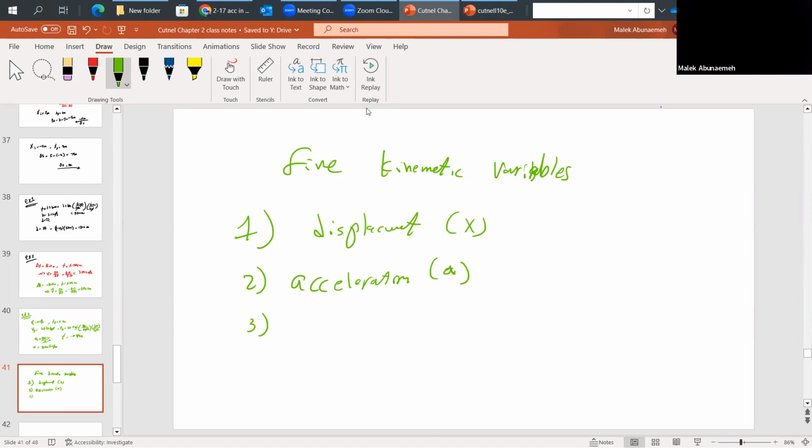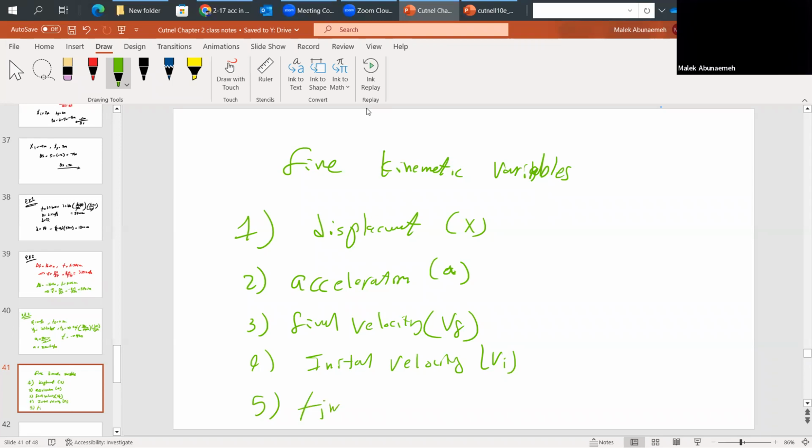Number 3, your final velocity, which is your v final. Number 4, your initial velocity, which is your v initial. And last but not least is your time, which we gave the variable t.